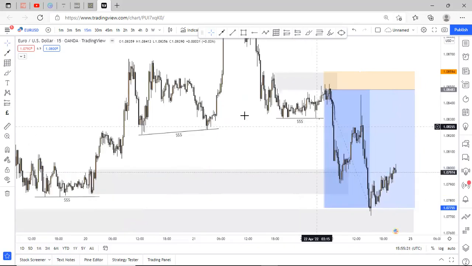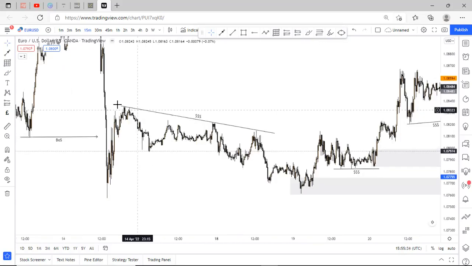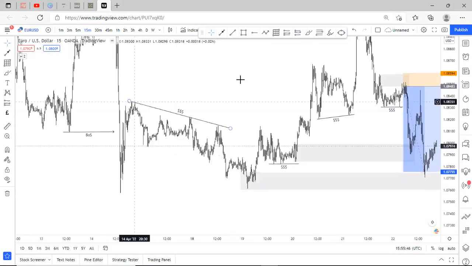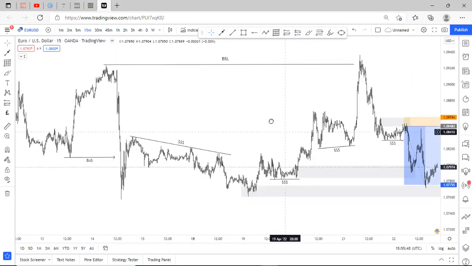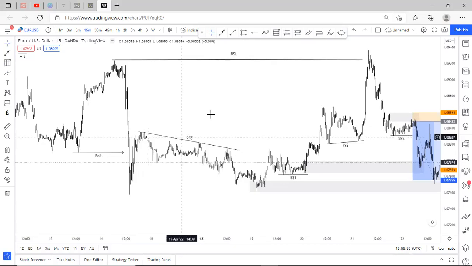Now moving on to the left here, we can see an example of trend line liquidity right here. I remember last week Sunday I sent out a trade on this same EUR/USD because I spotted this trend line liquidity.